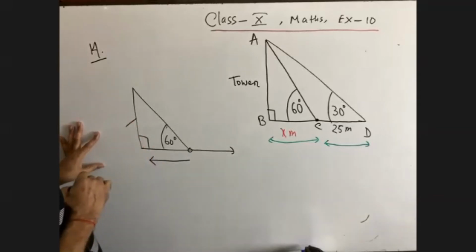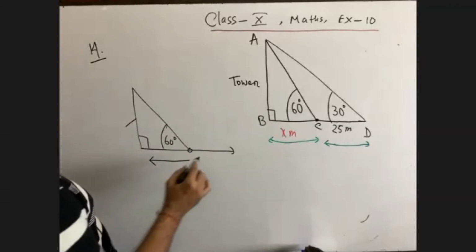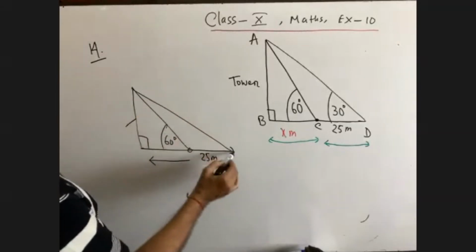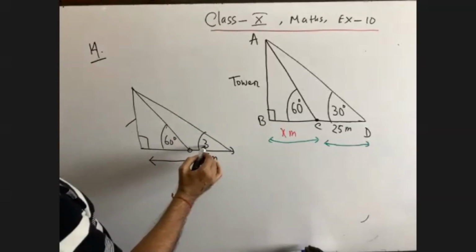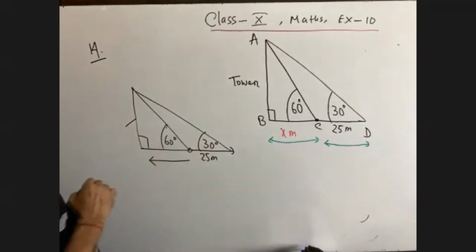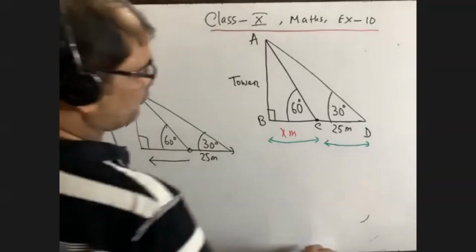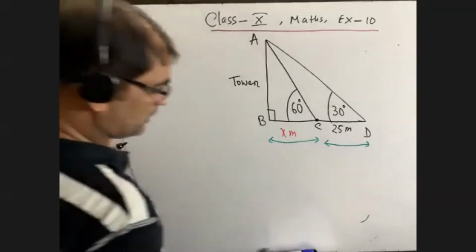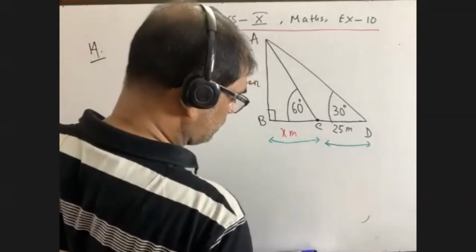Then at this point, the angle of elevation will be 30 degrees. Now we have to find the height of the tower. This is the most important question.